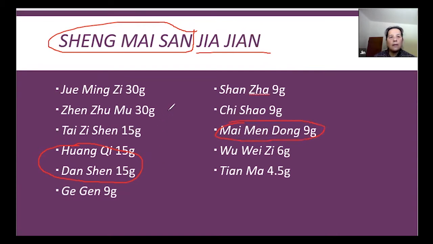And then we still have other herbs. We have shanzha, which is a pretty good herb. It helps digestion, and modern research shows it has some functions, especially decreasing the lipid level in the blood circulation. 赤芍 moves blood.